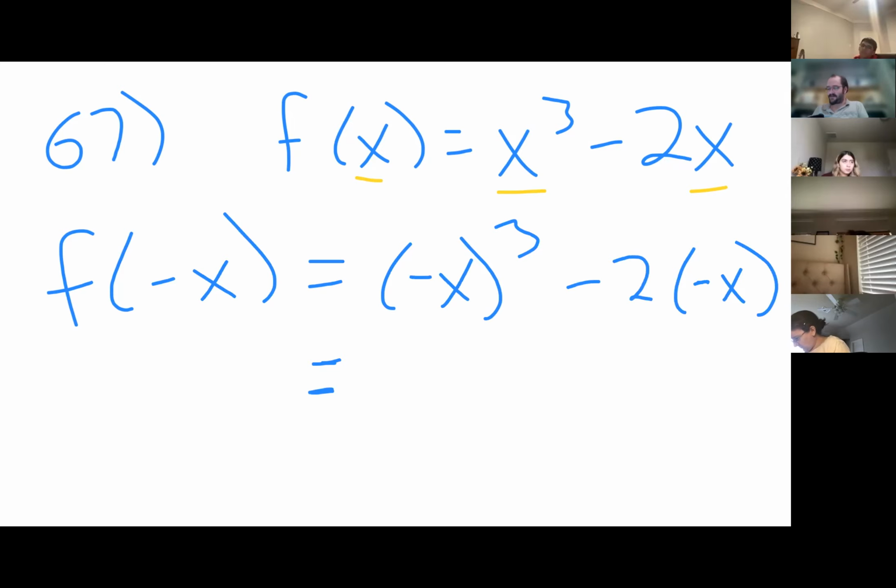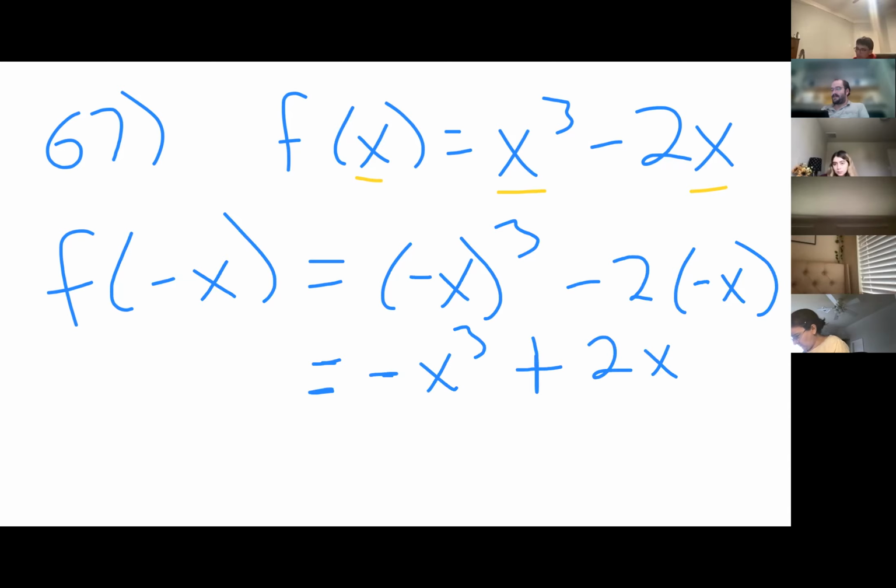It should be negative. So if you're doing negative 3 times, it should be negative x to the third. And negative 2 times negative x gives me what? Positive 2x.